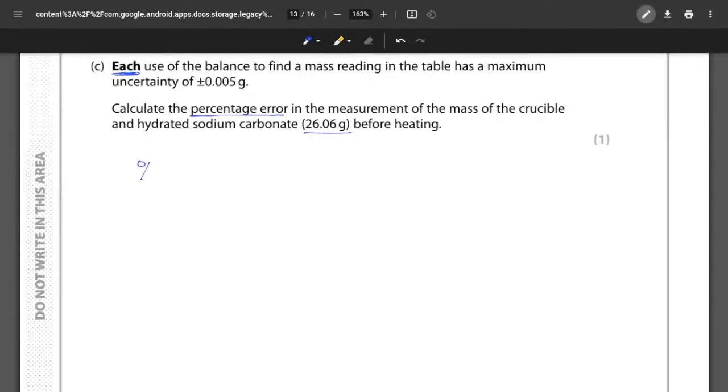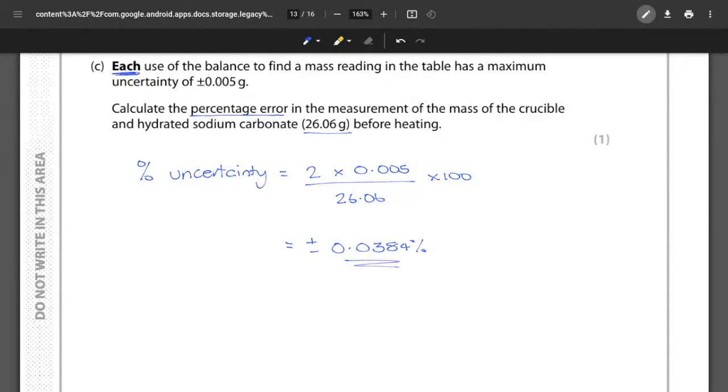So to work out our percentage uncertainty, we are going to do 2 times the value of uncertainty over the actual value that we used times 100, and that is going to give me plus or minus 0.0384%. So actually quite a small percentage uncertainty here.